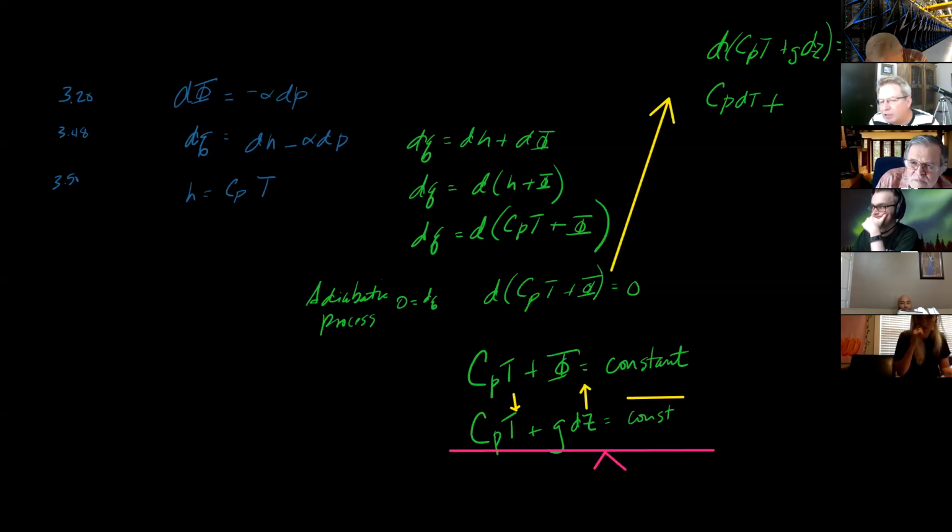I made a mistake in here, okay? So when I go back to 3.20, go back over here for a second. What does d phi equal besides this?